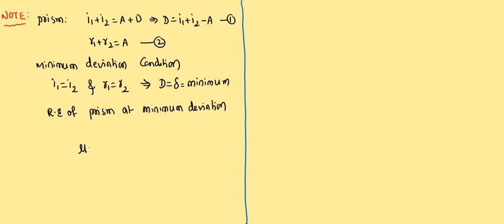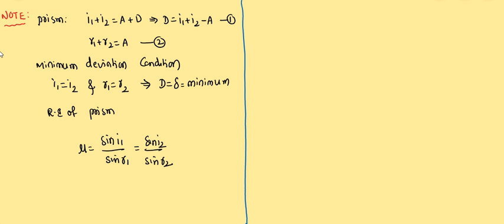Now the refractive index of prism formula is, here we don't need to write the minimum deviation. Refractive index of prism formula is nu is equal to sine I1 by sine R1 we write, or sine I2 by sine R2 we write.